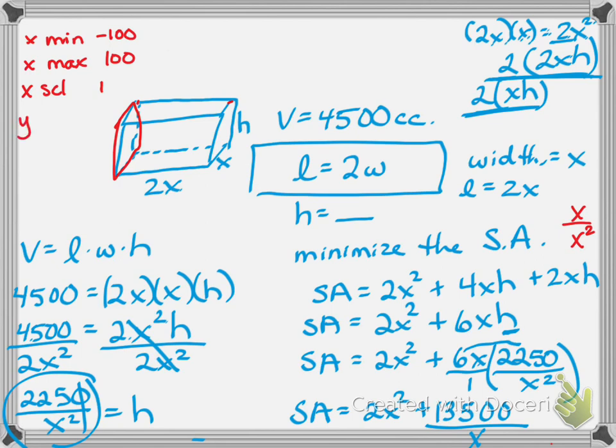Set my y-min at, I think I told some of you, my calculator's a little messed up. It got damaged over the summer. I think that looks like negative 1,000. My y max, positive 1,000. And the y scale was 100.